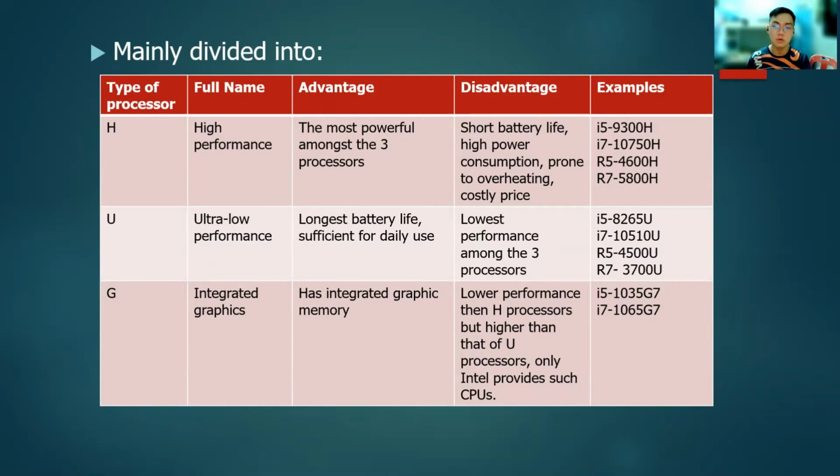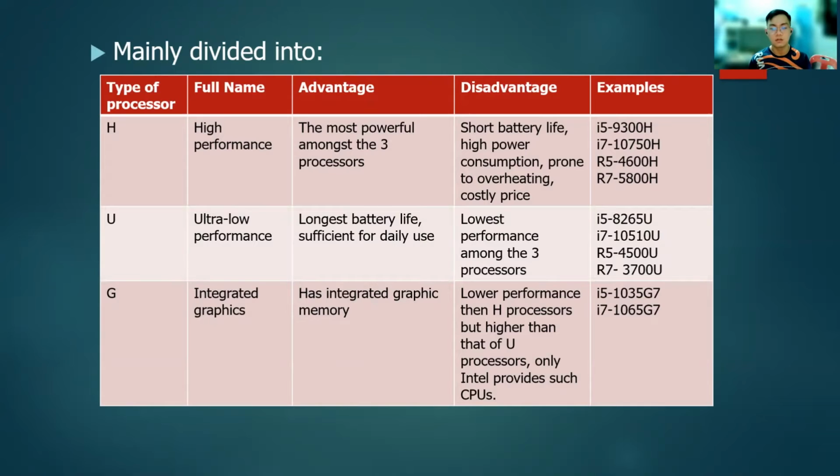And there's another new one, called the G processor, which stands for Integrated Graphics Memory Processor, which literally means it has integrated graphics memory with its own processor, its own CPU, as we say. Although it may have lower performance than H processors, it has higher processing power than U processors.